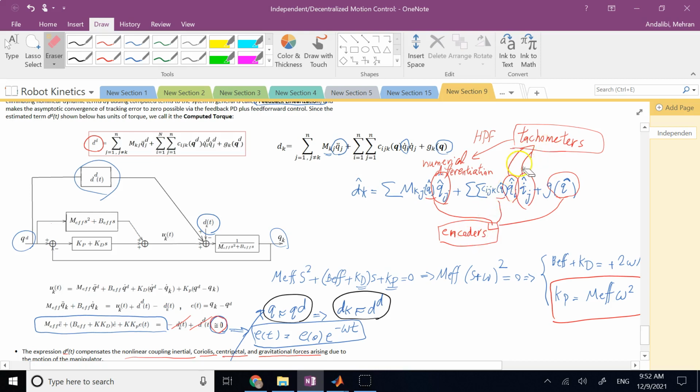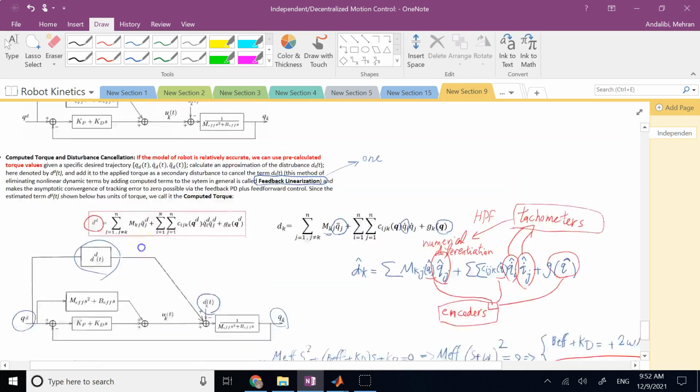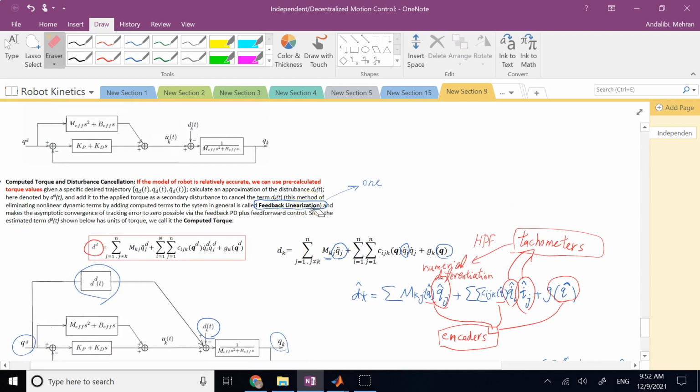If I use d hat k instead of dd, then that's perfectly what? Feedback linearization. Okay, so this is one of the most common control methods for nonlinear systems.